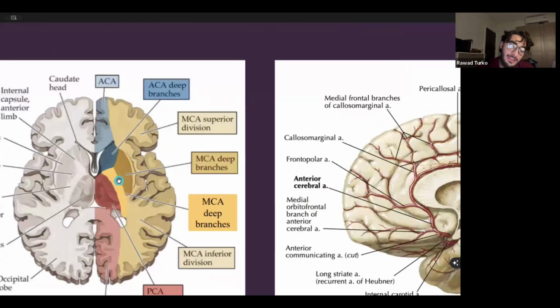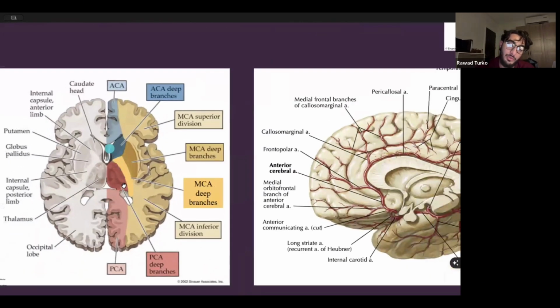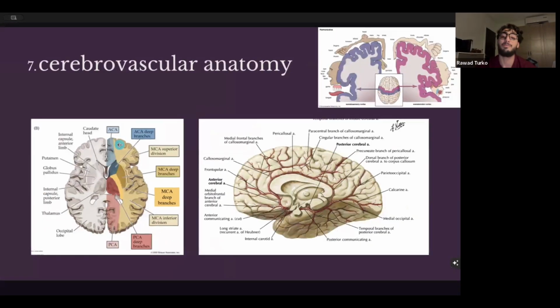Okay, and if we take a look at the internal capsule, we'll see that most of it, again, is supplied by the MCA. So this is the posterior limb. This is the anterior limb. Again, we said that the recurrent artery of Heubner is supplying the anterior limb, whereas the lenticulostriate and the anterior choroidal are coming from the MCA and the ICA, respectively.